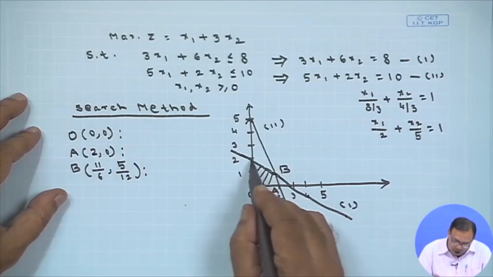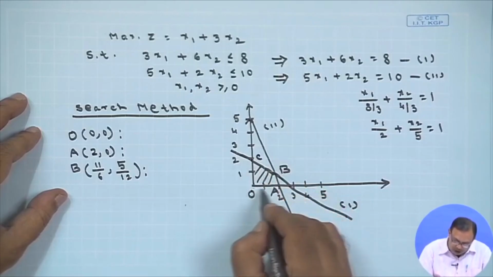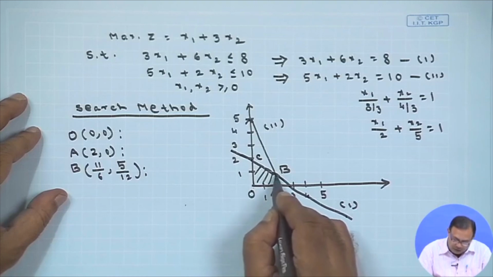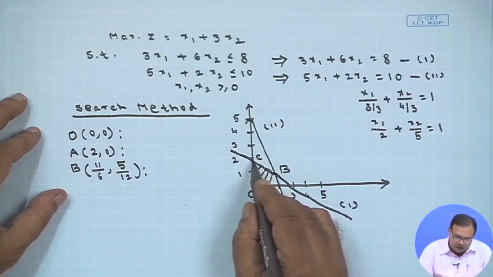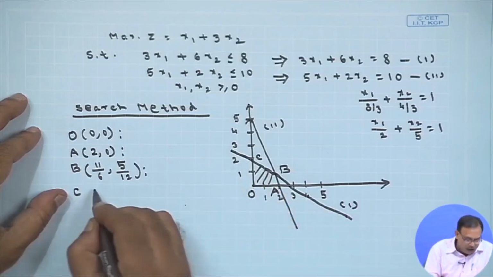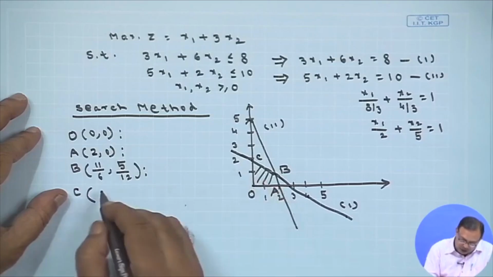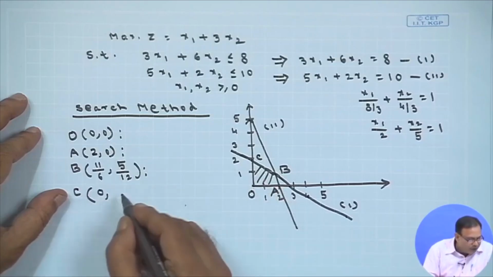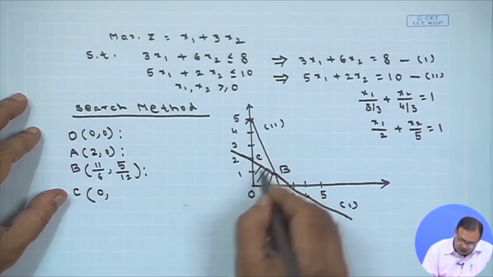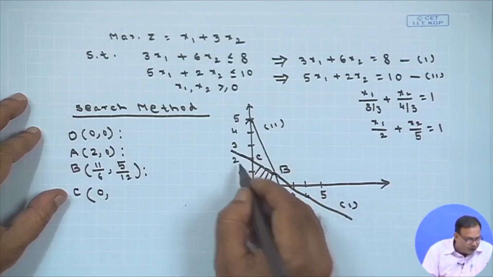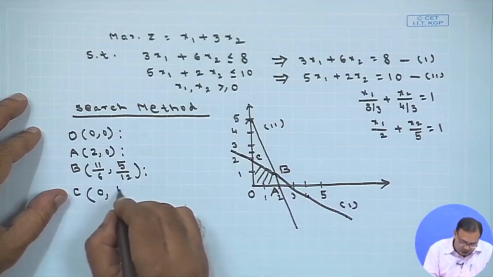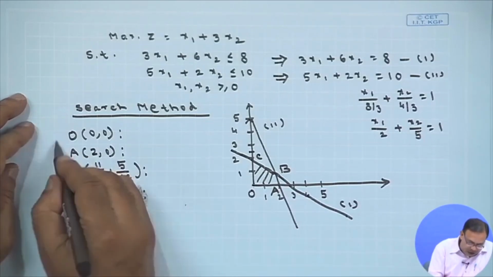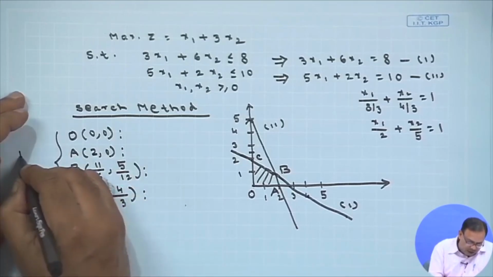And the last point is C, because this is the feasible region. From 0 I go like this, then from here and come back to this. C is x1 equal to 0 and x2 is a little less than 2, it is 4/3. So (0, 4/3). These are the extreme points.